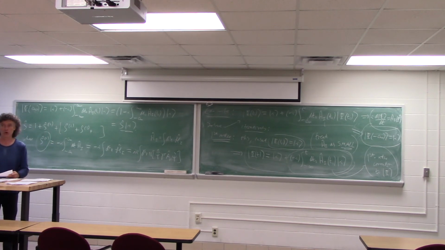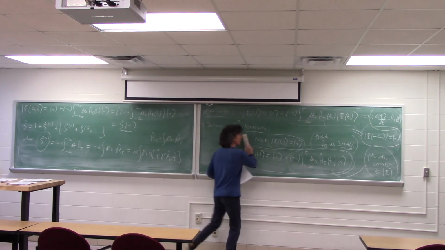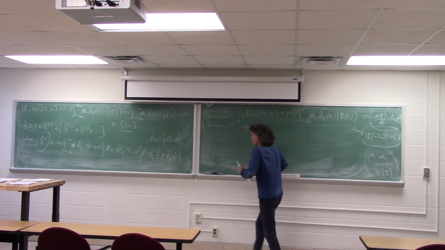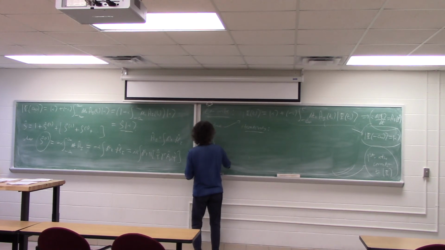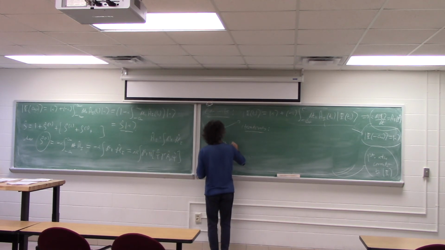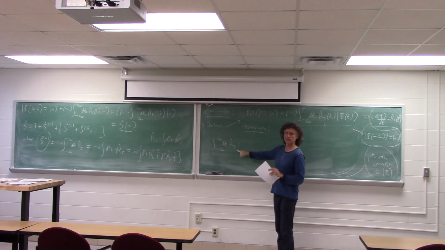Yeah, so why can the time integral be transformed into a space-time integral? Sorry? The time integral dt, why can it be transformed into dx? Okay, so what we've done: we have an integral over time of the interaction Hamiltonian.